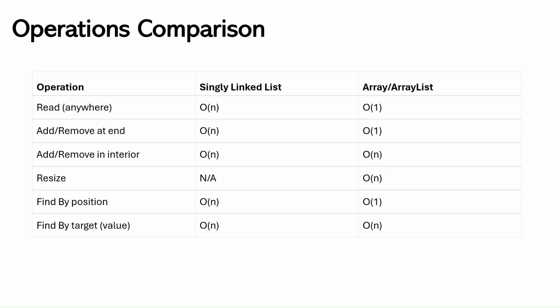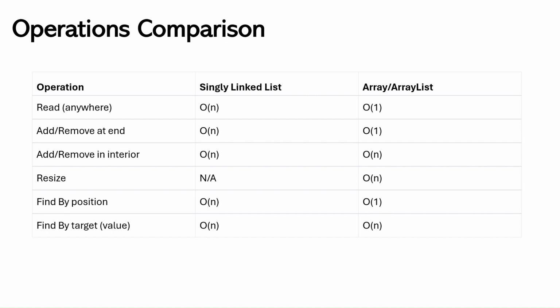The concept of resizing is relevant for ArrayList, not applicable to singly linked list. ArrayList takes O of n time for resizing, involving creating a new array and copying elements. Keep this in mind when considering dynamic arrays. So here the advantage goes to singly linked list.